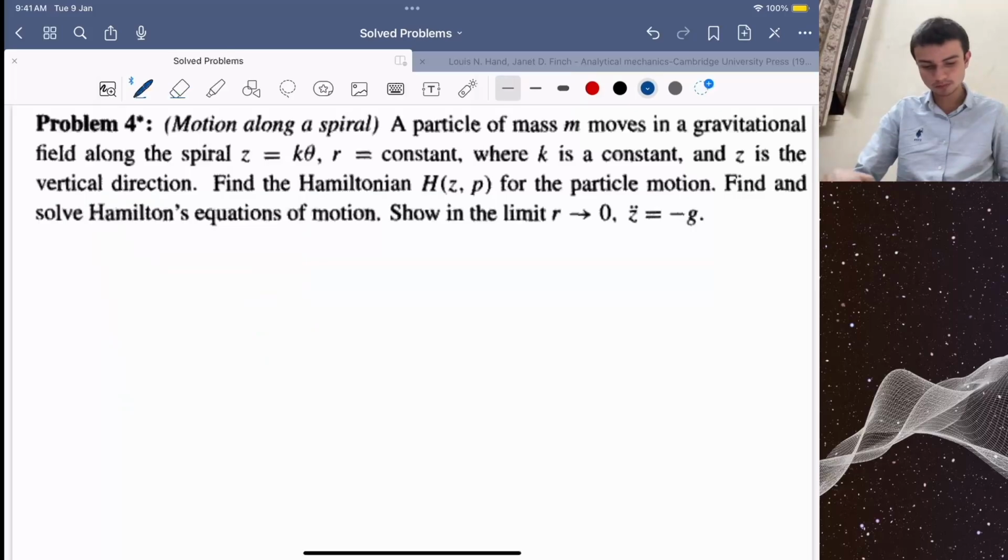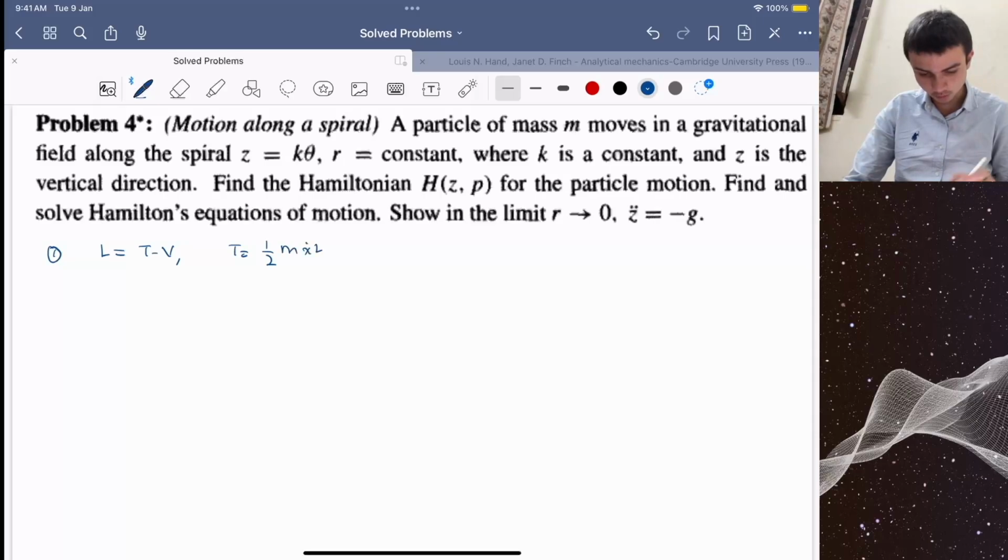Step one is to write the Lagrangian. The Lagrangian is defined as T minus V. My kinetic energy will be 1/2 m x dot squared, and x dot squared, as Landau beautifully puts it, is dx whole squared upon dt squared.